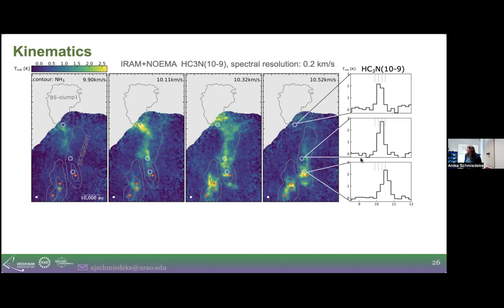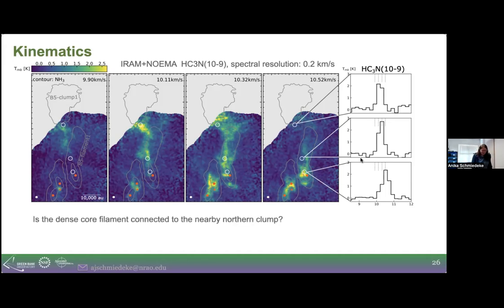The spectral resolution of NOEMA only goes down to 0.2 kilometers per second, which for these regions means you're only covering it with about 4 channels, so you do not really see a lot of the kinematics. Actually, you need higher spectral resolution to really see what the gas is doing.